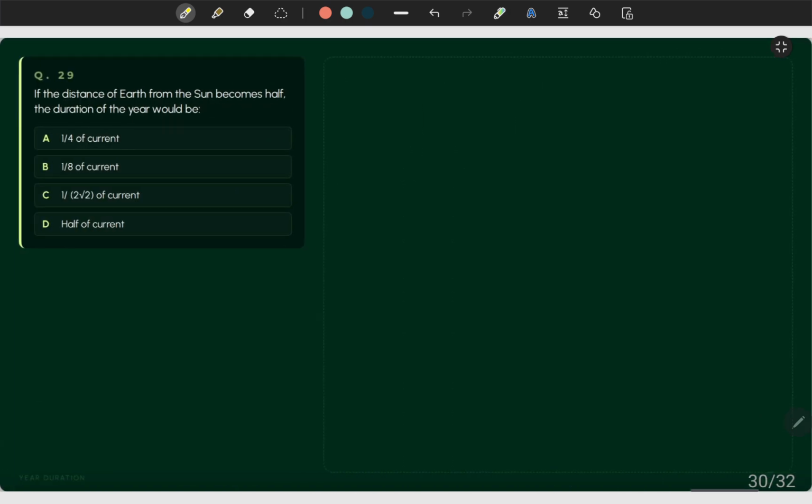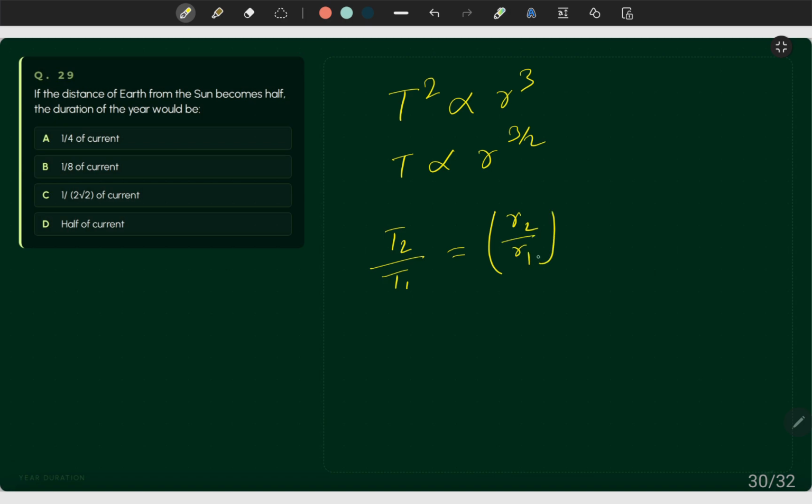Question number 29. If the distance of the earth from the sun becomes half, the duration of the year will be. So as we know, the square of the time period of revolution of a planet around the sun is proportional to r cube, or T is proportional to r power 3 by 2. So T2 by T1 will be equal to r2 by r1 power 3 by 2. As said in the question, the distance becomes half.